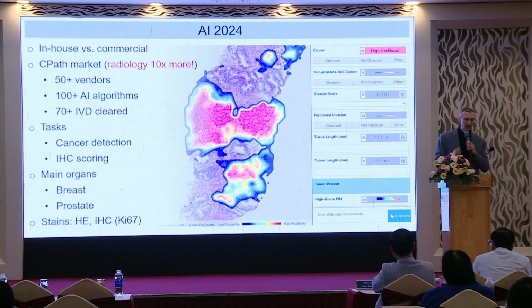And one of the tools we are using in our lab for more than 1 year is a commercial tool dealing with prostate biopsies. As Professor Parvati mentioned in his presentation, for him as a GU pathologist, maybe it's not that huge an aid in the daily work.